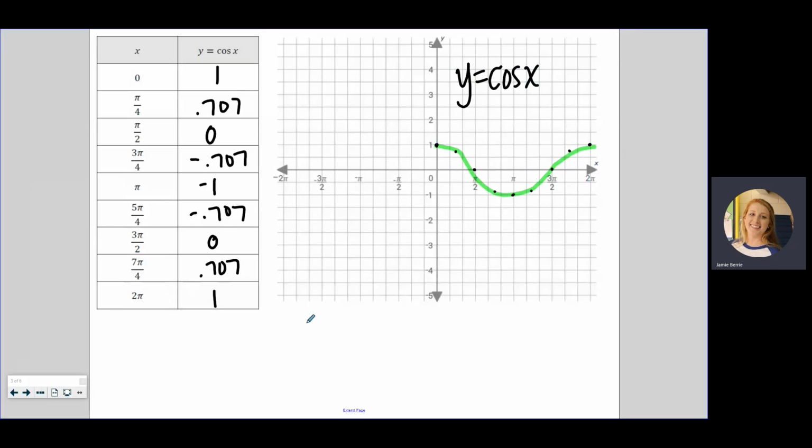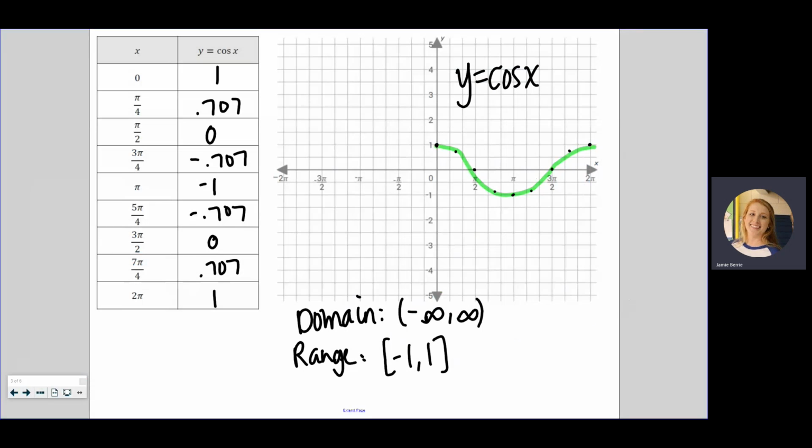All right, and then again, just wanted to point out the domain and range. The domain, again, is the x values. This is going to go on forever, so our domain is negative infinity to infinity. But our range, notice how our y values oscillate in between -1 and 1. So again, that is the range.